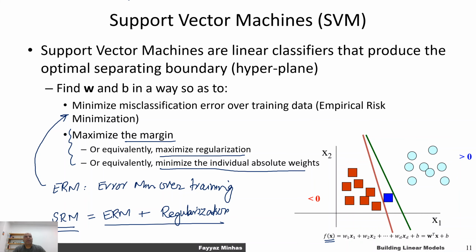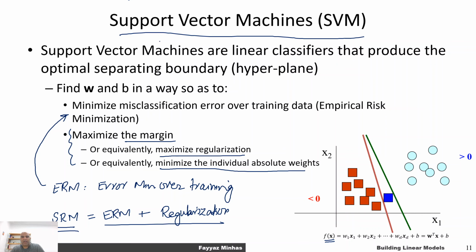If you walk into an interview and someone asks you, what is a support vector machine? You can simply say that support vector machines are linear classifiers that produce the optimal separating boundary.